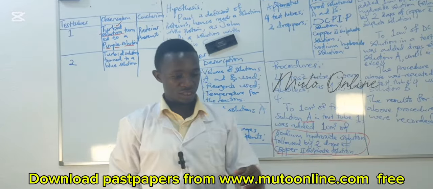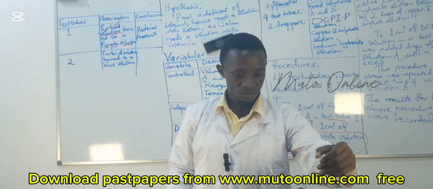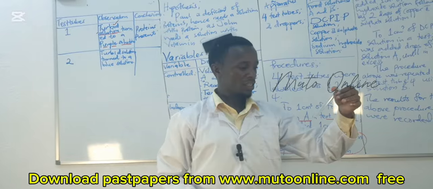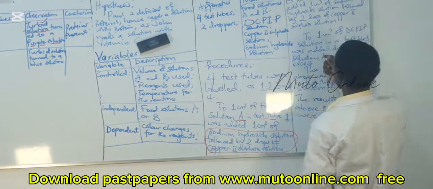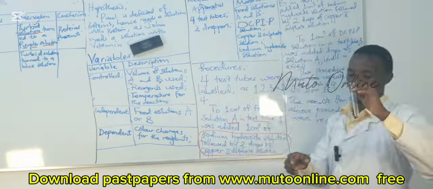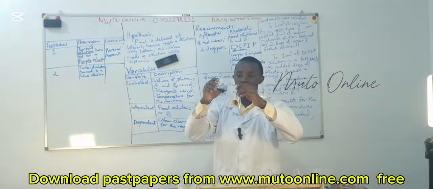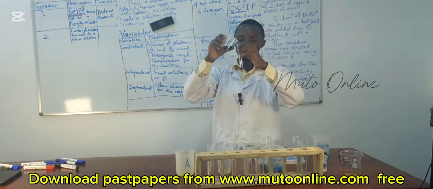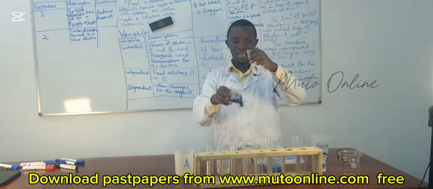It is a solution because it is clear. Let's try with test tube 3. We are getting DCPIP into a test tube. We have 1 cubic centimeter of DCPIP in a test tube.